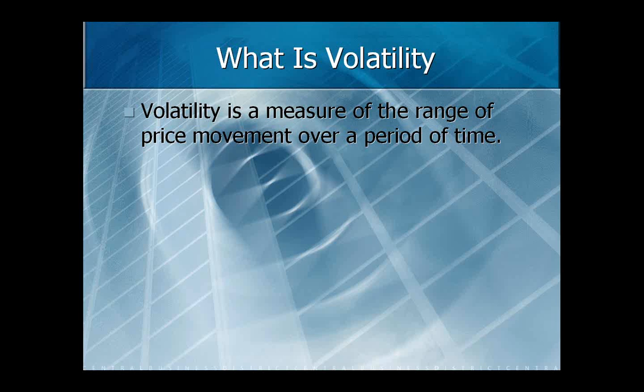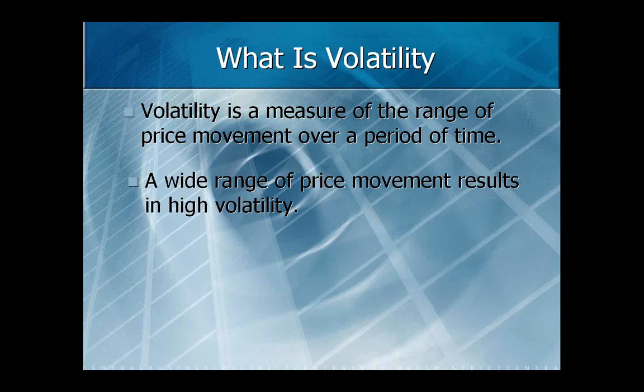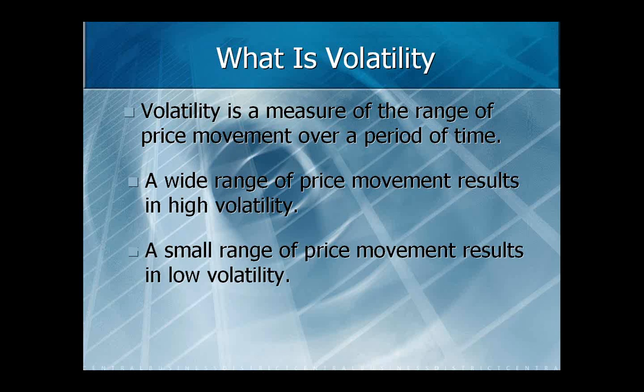That is the basic definition of volatility. A wide range of price movement will result in a high volatility. And vice versa, a small range of price movement results in low volatility. And let me show you an example of what that looks like.